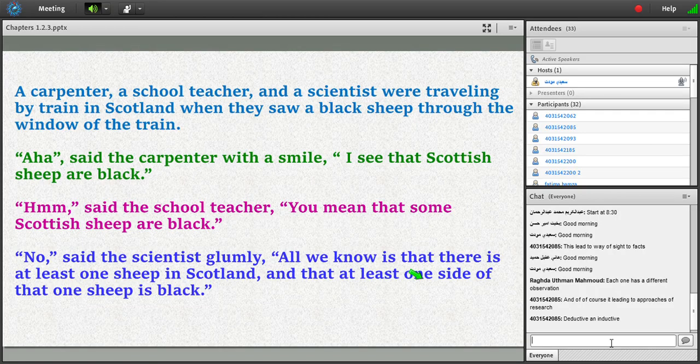Thank you. Deductive and inductive, we will come to that point. So the scientist here was very careful not to say a general statement. This is what research means. In research, we are very careful about the statements we make.